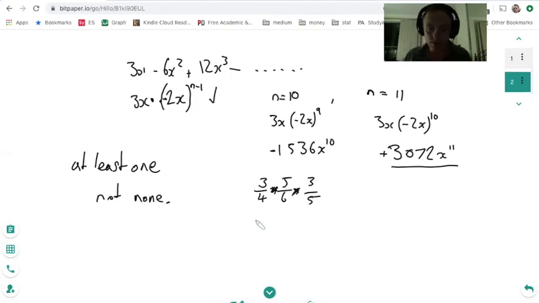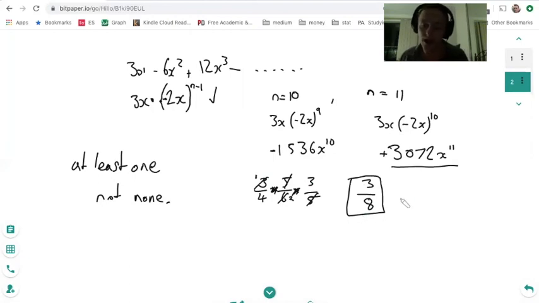Let's see if we can simplify. So this is a 1, this is a 2. I've got a 5 here and a 5 here. So effectively what we have on the top is 3, and on the bottom we have 8. 3 over 8 chance that none of them will finish within 10 seconds, but I want not none of them to finish.